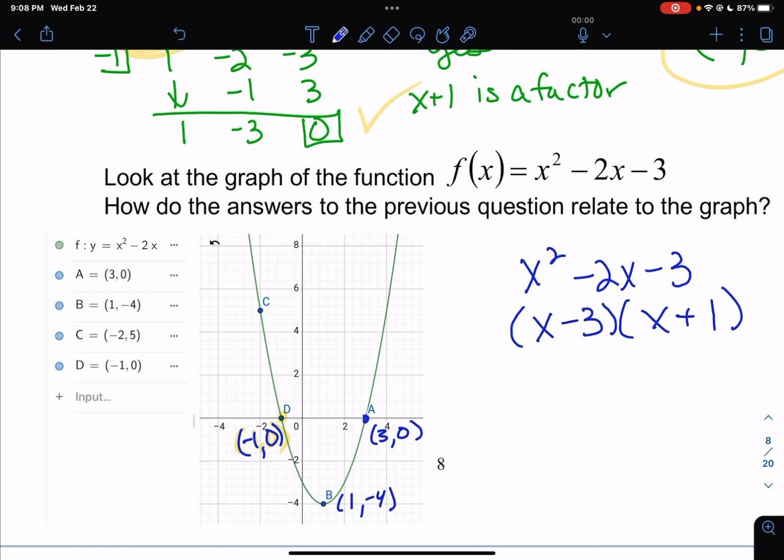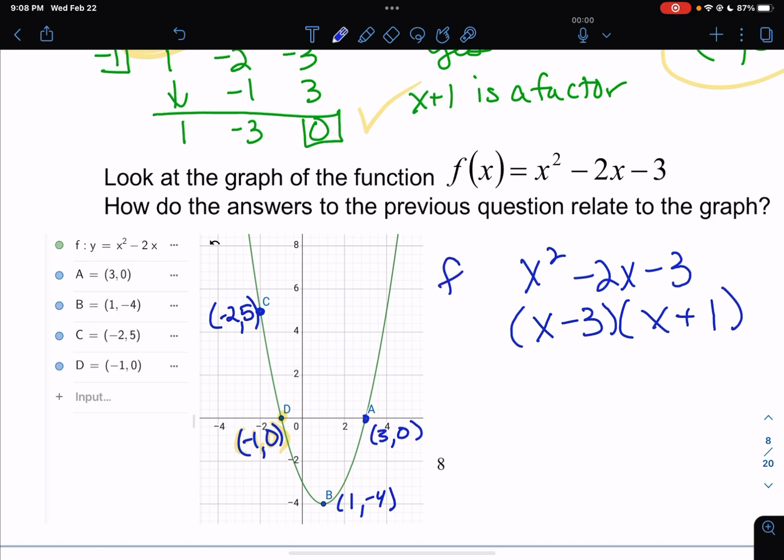So it was not a factor, and it corresponds to the point on the graph where x is 1 and y is -4. When we put a -2 in the box, our remainder was 5.